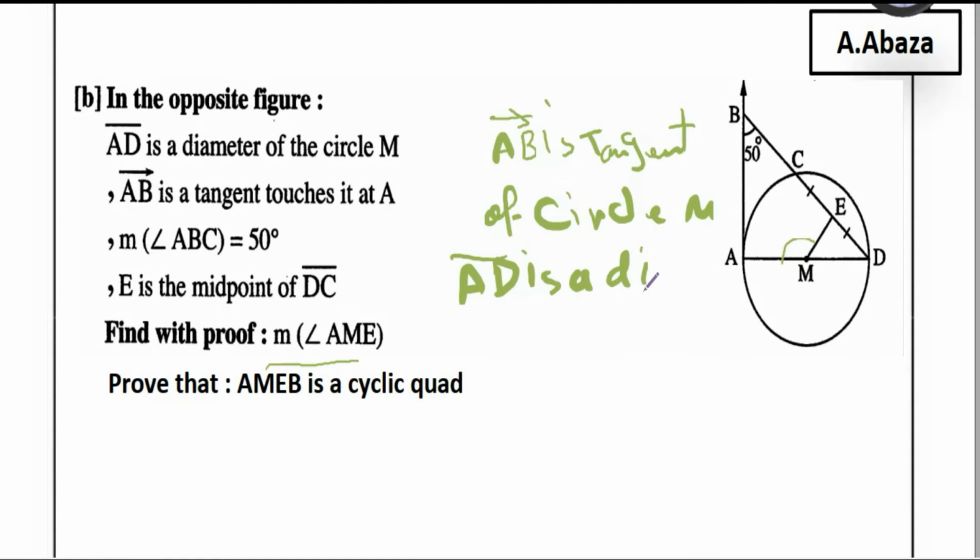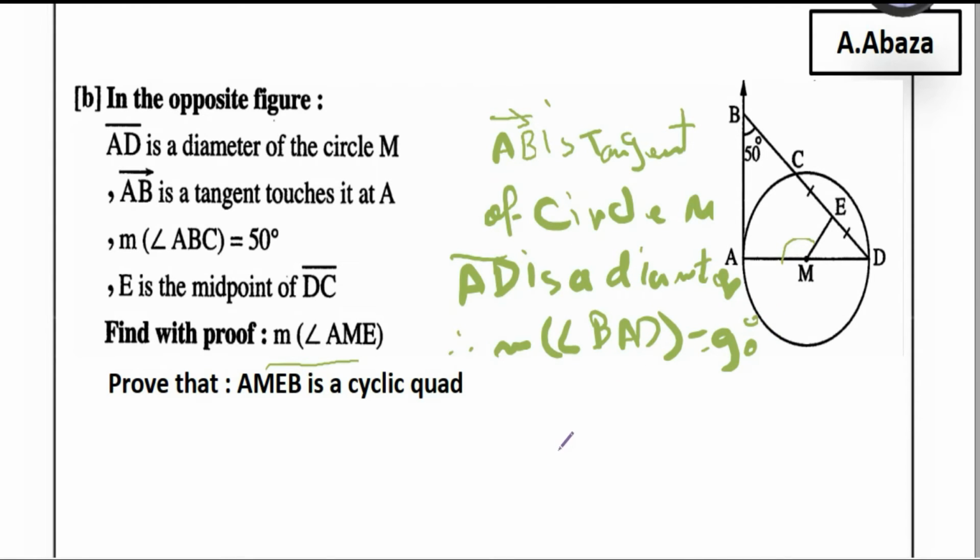Therefore measure of the angle BAD equals 90 degrees.